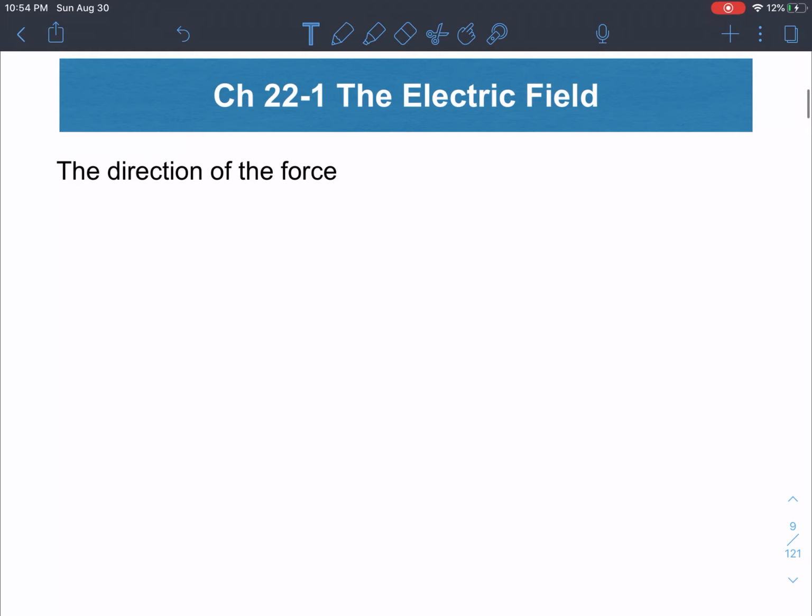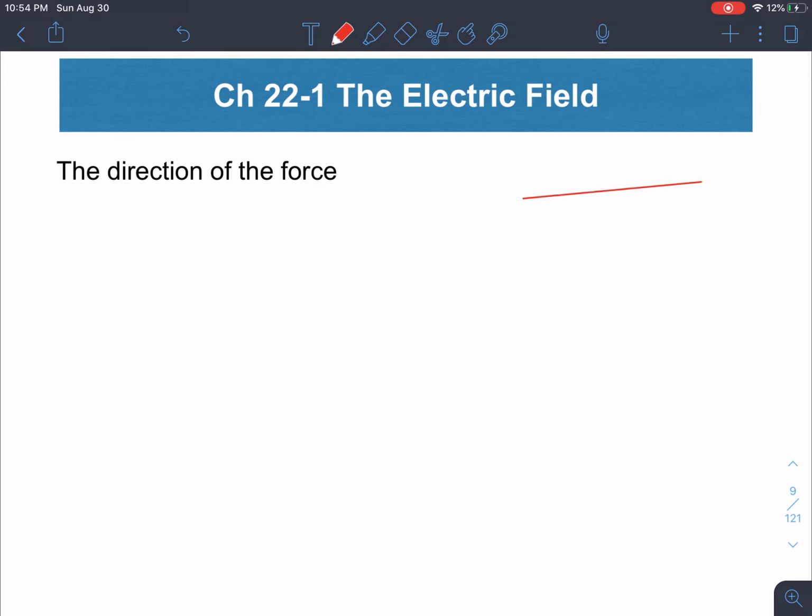Next, we're going to discuss the direction of the force. Unfortunately, the PowerPoint doesn't show all the figures I have; you already have them on your PDF, but they don't show up here. So first of all, we have some electric field.